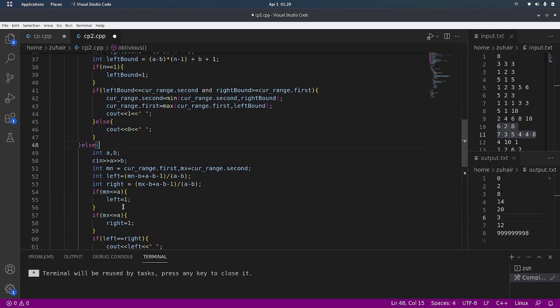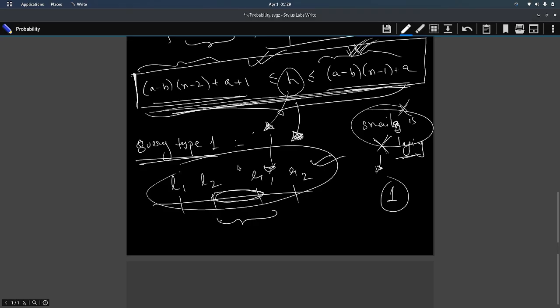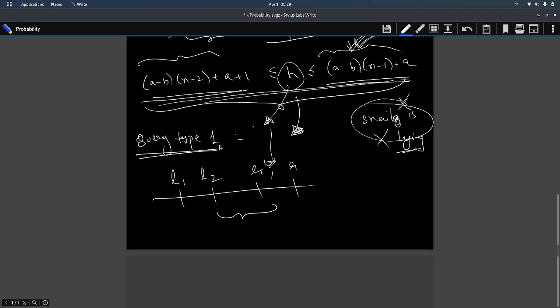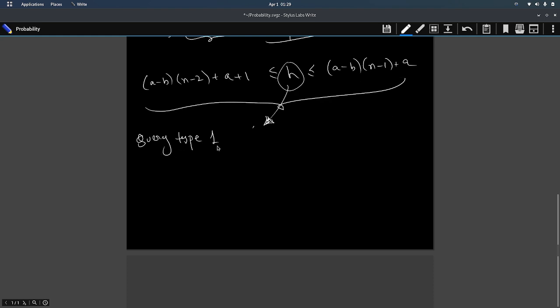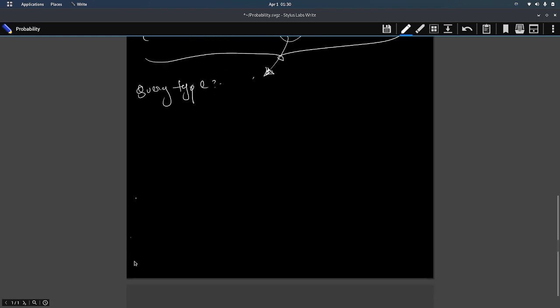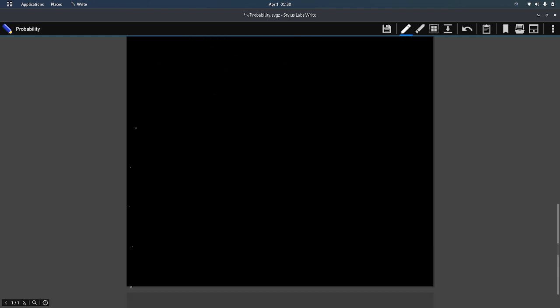Now comes our part of query 2. So what does query 2 ask? Let's discuss that. Query type 2. Well, let me increase the size of the page a bit.